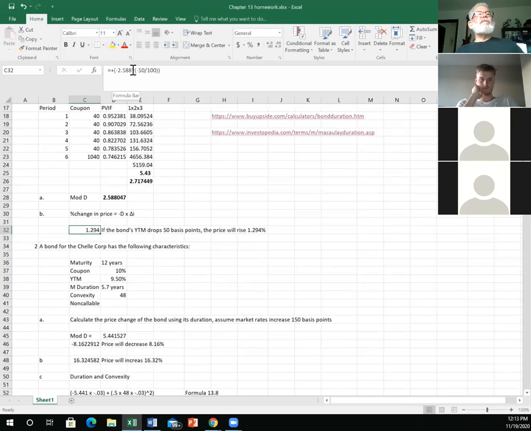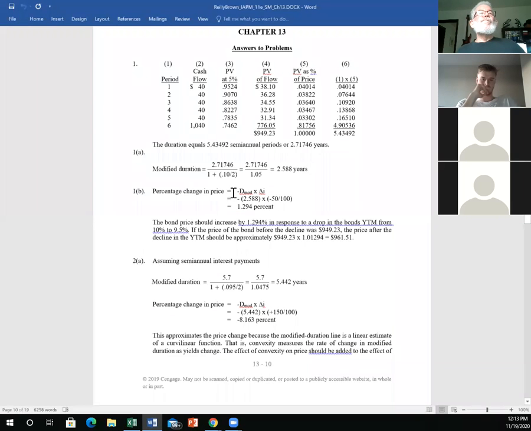Minus 2.588 times minus 50 divided by 100, or minus 0.5%. So if interest rate drops, price of bond will go up. Good enough.